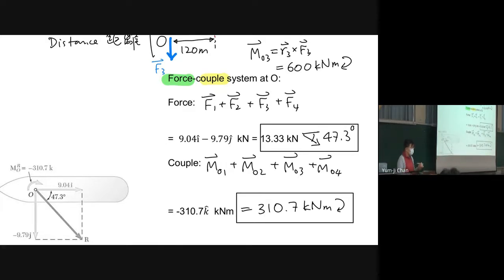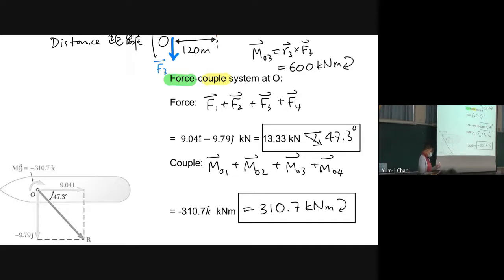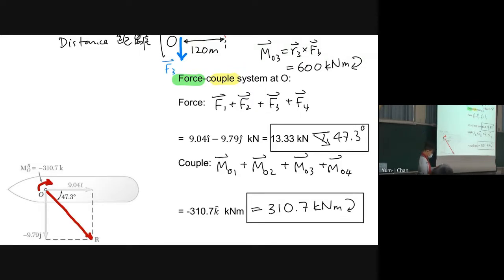So if we want to draw it as a figure, it is this one plus this one. I'm sorry, you don't need to draw this part, it is already here. Okay. This is R, and this is MOR here.